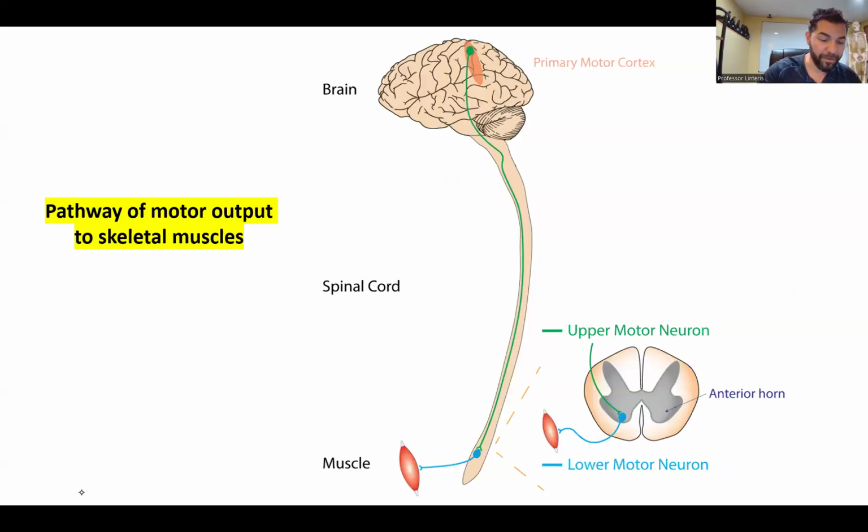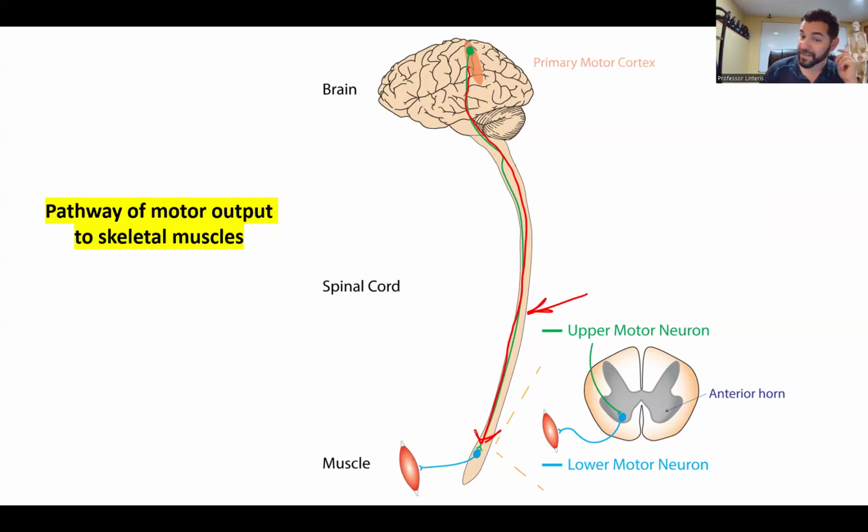There is an upper motor neuron, which goes, and I'm trying not to write all the way up there, comes down. Basically, the upper motor neuron goes from your precentral gyrus down, oftentimes crosses in the medulla, goes down the spinal cord, and then you have your lower motor neuron.